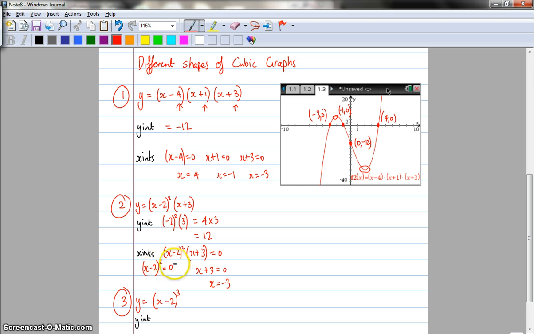If I do the square root of both sides, I get the square root of 0 still being 0. So this becomes x minus 2 equals 0, which means there's only one answer of x equals 2. So I've got my two answers of x equals 2 and x equals negative 3, unlike the first example where I had three answers.